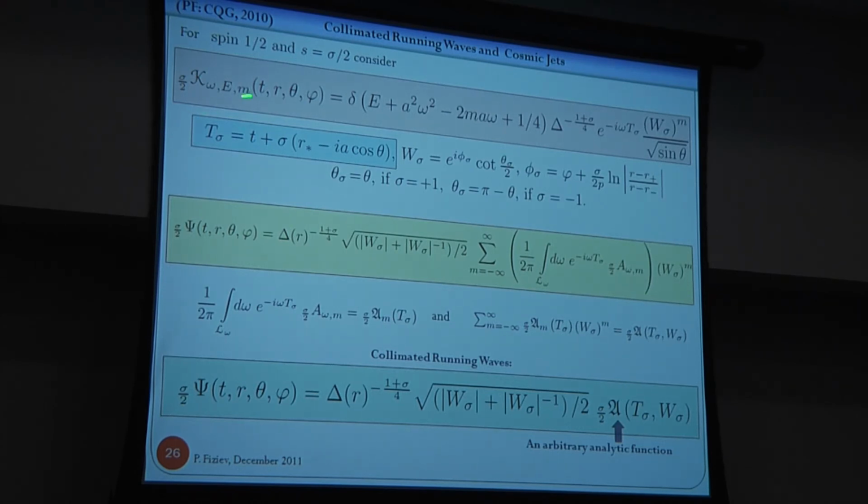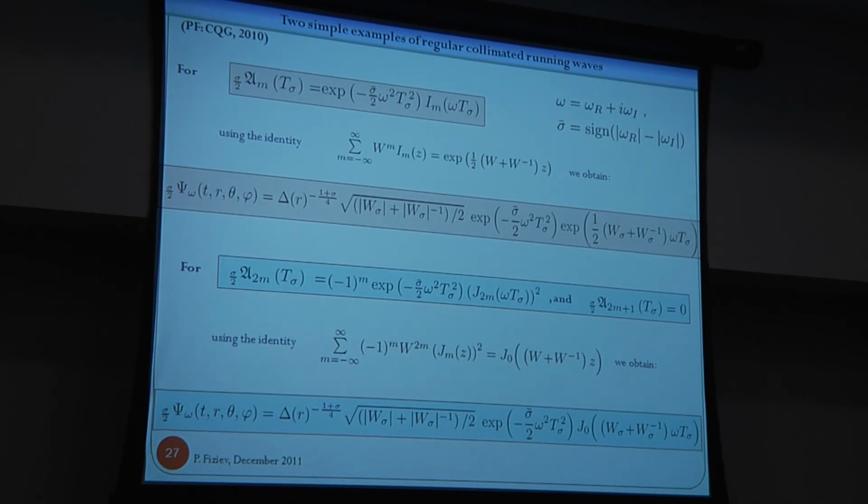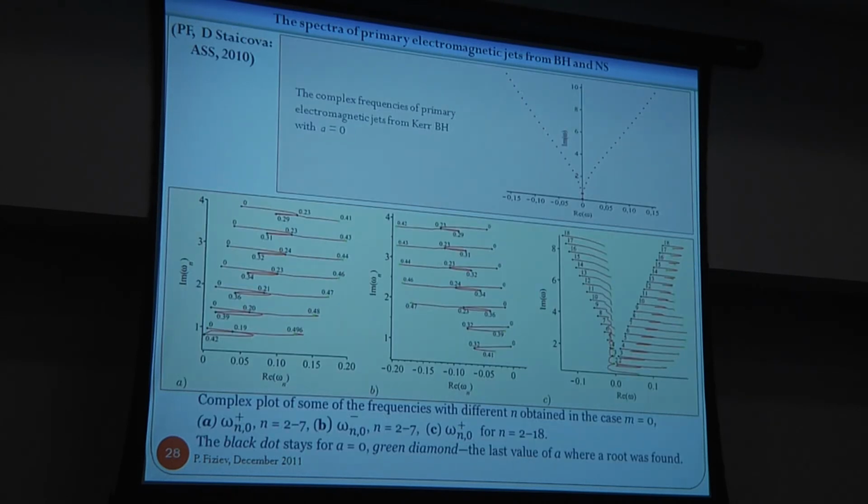Here are written the exact solutions, but you can find them in this CQG article 2010 with all details, and we can describe these solutions. Much more interesting is that we have calculated the spectra for jets from some object.